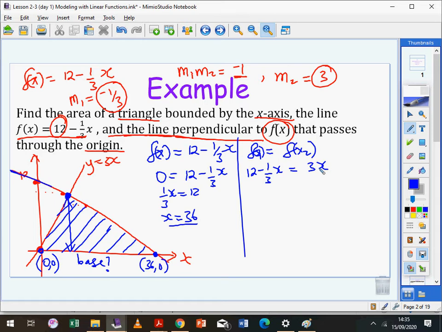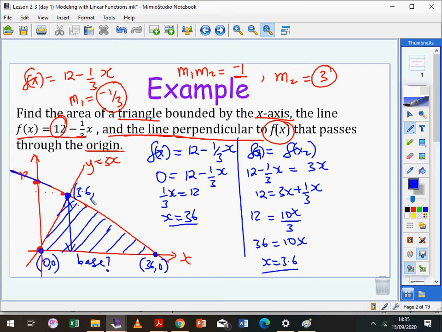Then I'll substitute the x value in any of the equations to find the y value. When I solve for x, I get 12 is equal to 3x plus 1/3 of x. Simplifying that, I end up with 10x out of 3 is equal to 12, so 36 is equal to 10x, and therefore x is equal to 3.6. So the x value of this point is 3.6.